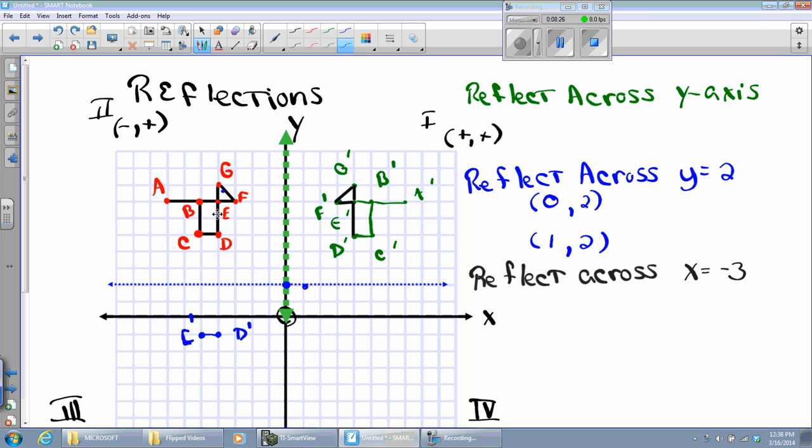B, E, and F are all the same distance. 1, 2, 3, 4, 5. F. And again, I'm always counting from the mirror. 1, 2, 3, 4, 5. And there's F prime.